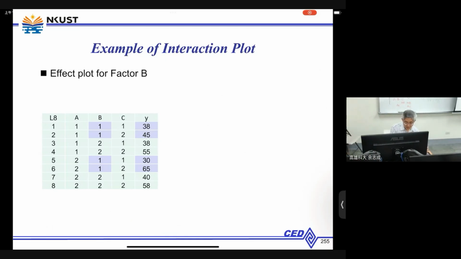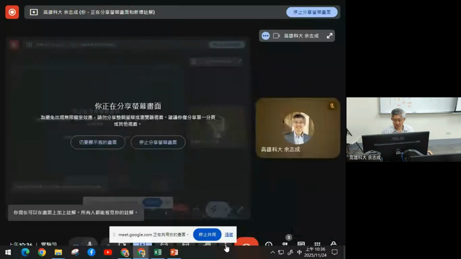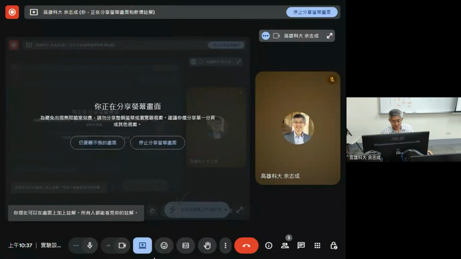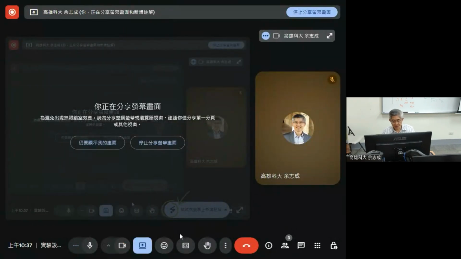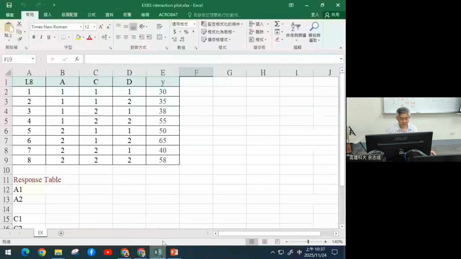All right, so please open your Excel file. This is the file shown in the table. It's very similar, although the numbers might be different.